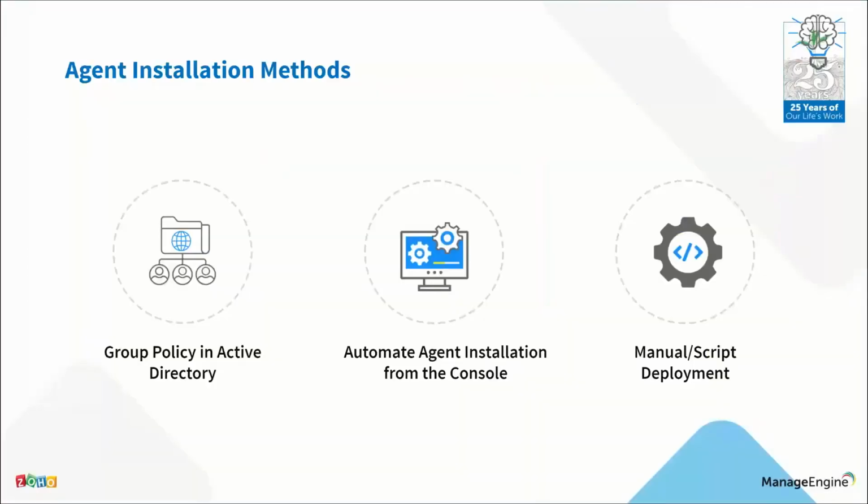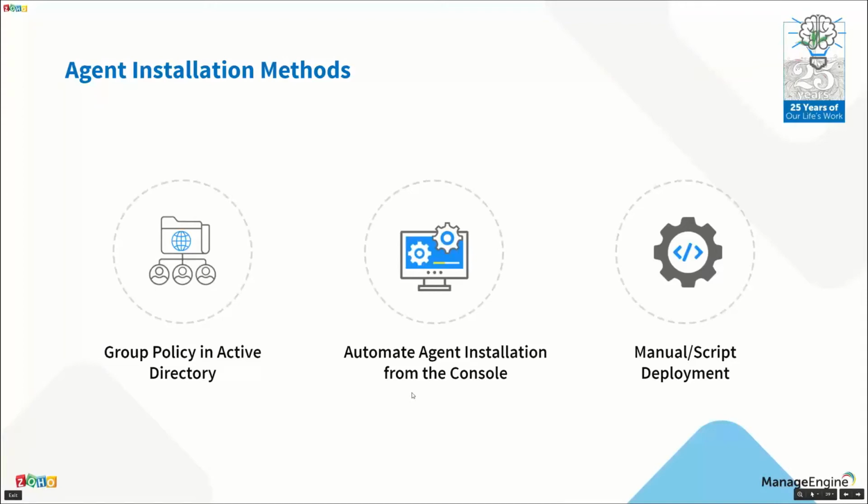We can also look at the different agent installation methods that are possible to deploy the agents. So you can either use a group policy in your Active Directory to deploy the agents, or you can completely automate the agent installation from the web console.